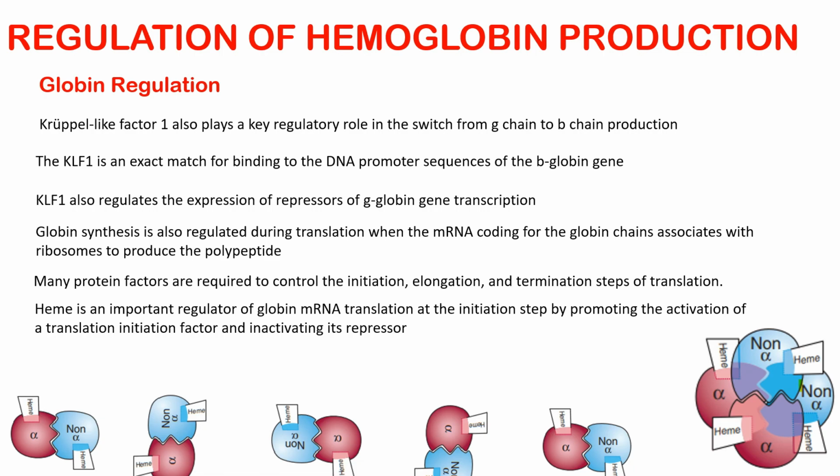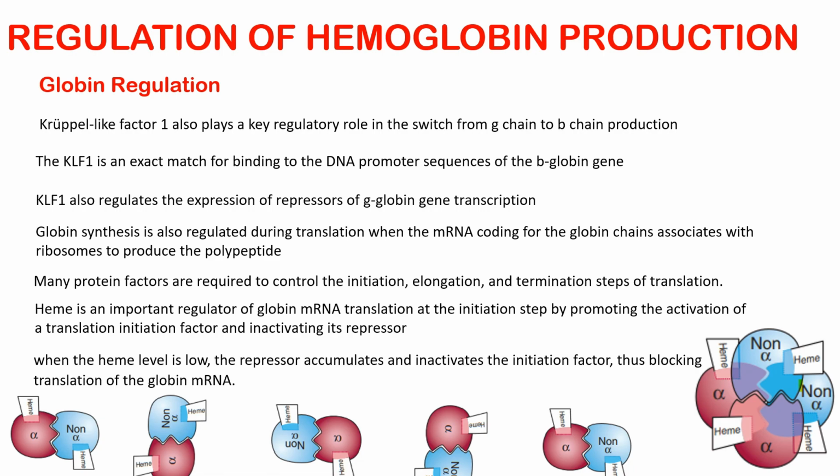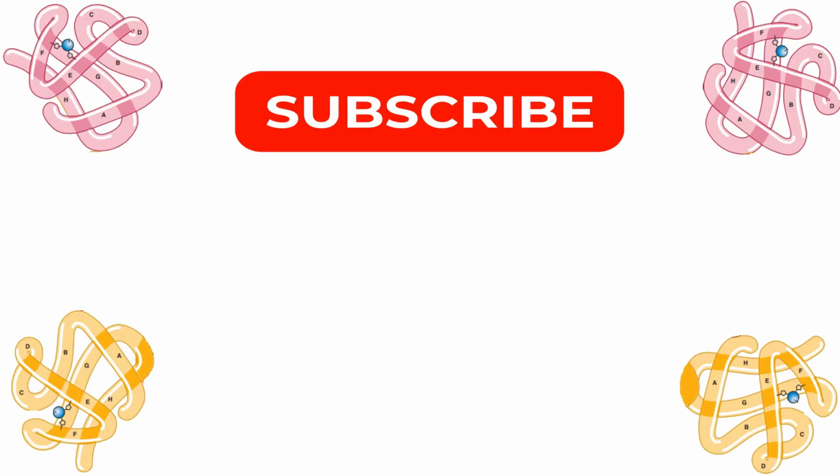Heme is an important regulator of globin mRNA translation at the initiation step by promoting the activation of a translation initiation factor and inactivating its repressor. When the heme level is low, the repressor accumulates and inactivates the initiation factor, thus blocking the translation of the globin mRNA.